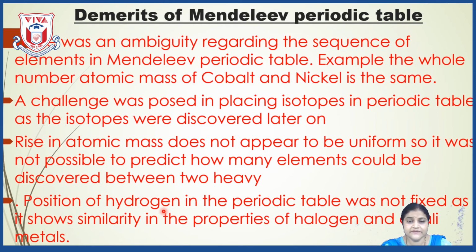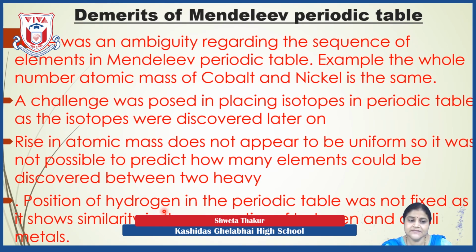So there was confusion, and in his classification he didn't get a proper position for hydrogen. These were the demerits of Mendeleev's periodic table.